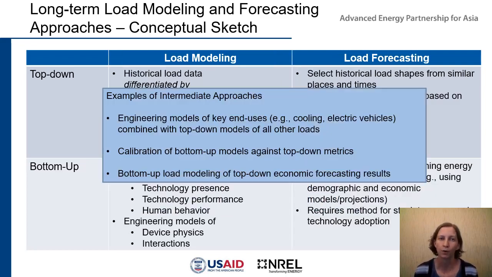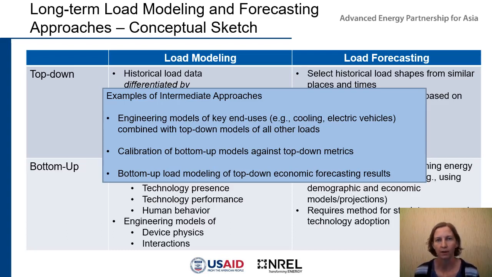And like I said before, there's a lot of ways to mix and match these approaches. So some examples of intermediate approaches are you could do mostly top-down load modeling, but do some engineering modeling of key end uses to understand those better, especially if they're a large part of your demand or if you expect those to change a lot in the future.